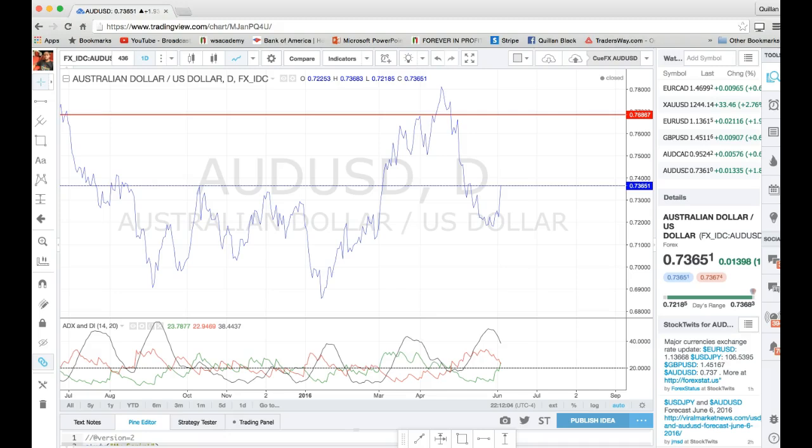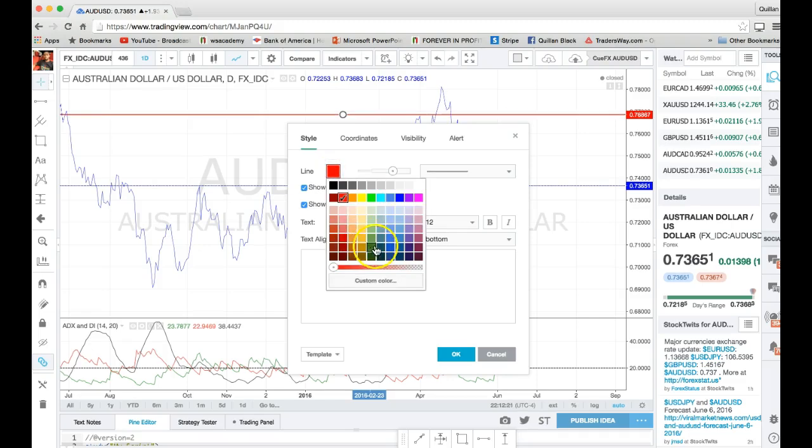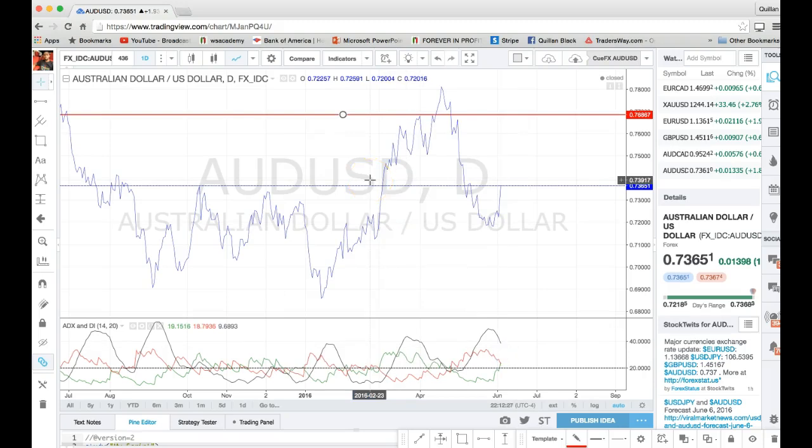So my daily indecision levels are going to be red because they could be either support or resistance. My H4 indecision levels are going to be green, not a bright green, not a super dark green, but this green right here, the third green up from the bottom. That's going to be my H4 indecision levels line color.